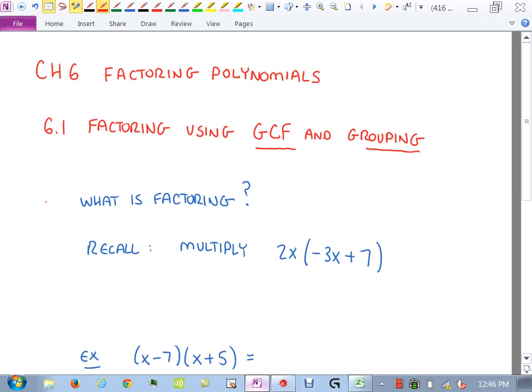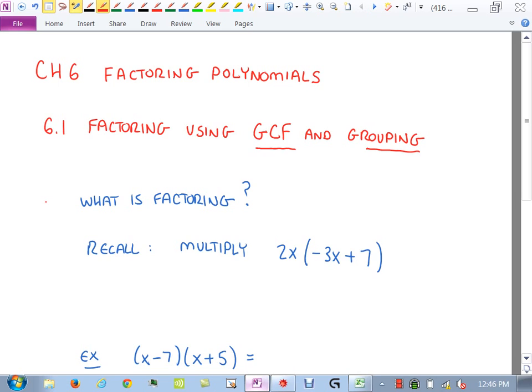But first, what's factoring? Remember from what we've been doing, on your last test, I could have asked you this problem right here, couldn't I? Multiply these. That's because we have a monomial times a binomial, right? So what do we call that when we do that? Multiply through? Distributive property, right?